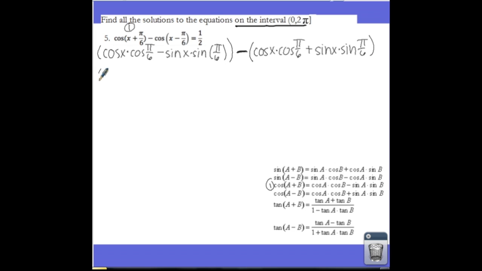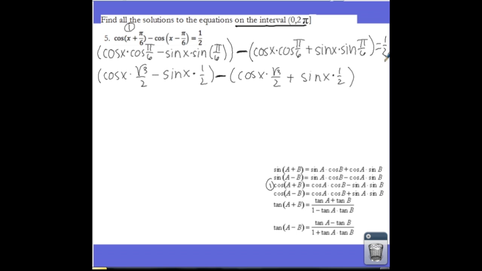So we know the solutions to cosine of pi over 6 and sine of pi over 6. So then we have cosine of x times square root of 3 over 2 minus sine of x times 1/2, all minus cosine of x times square root of 3 over 2 plus sine of x times 1/2 equals 1/2.